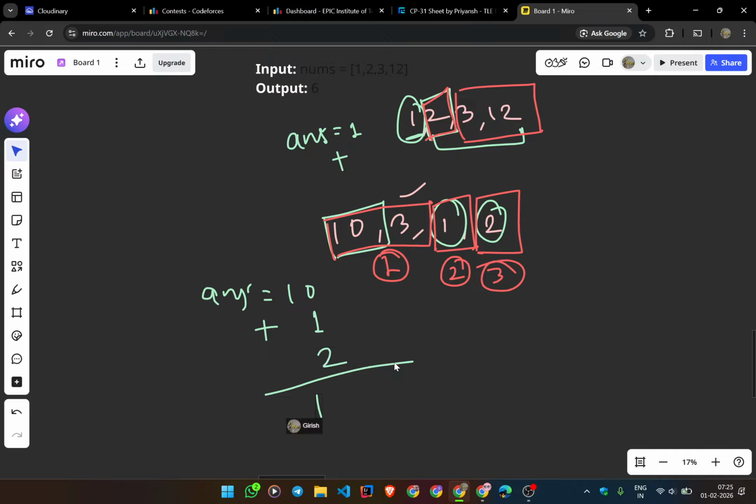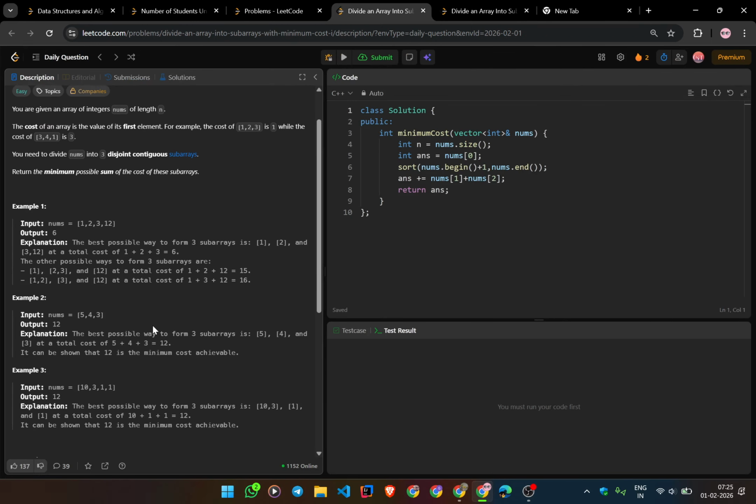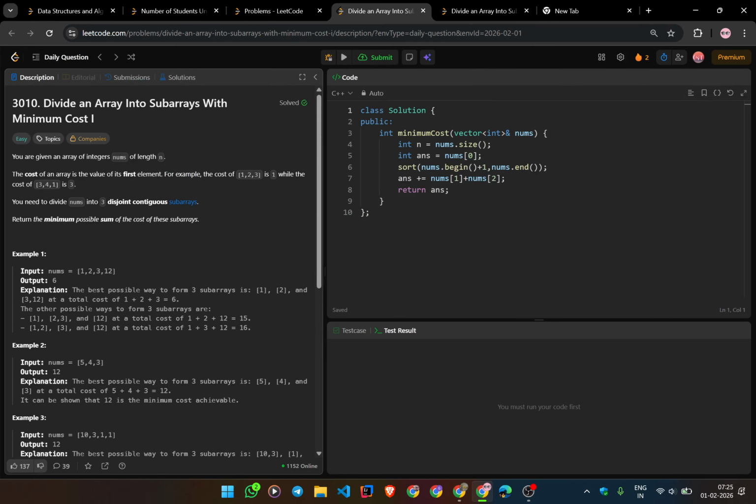And if we have this as 1, our total cost will be 12. This is what is mentioned in our answer, 12. So this is the approach by which we can solve it in a very optimized manner.